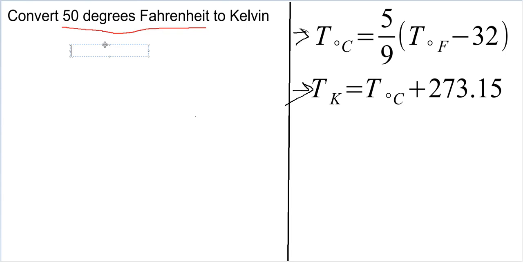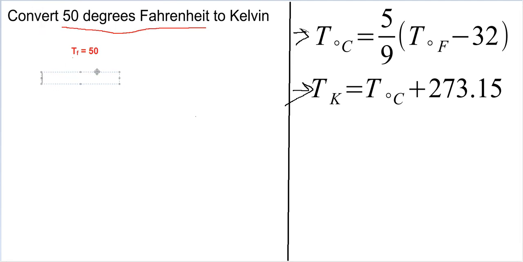So basically what we have here is T_F for Fahrenheit is equal to 50 degrees. Now, if we want to use this, all we need to do is use our standard relationship to convert them.